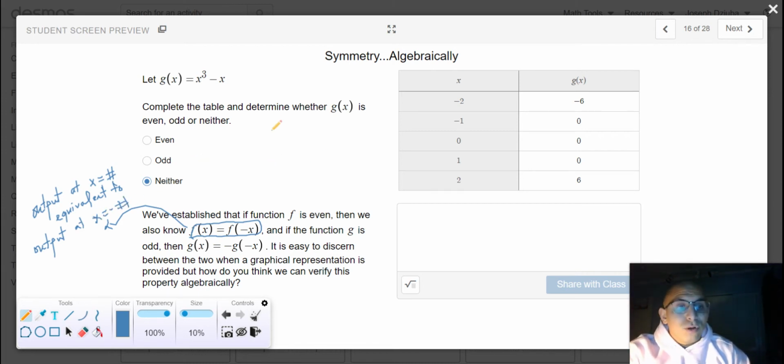So it's the opposite input. In this case, we can see that negative 2 and 2 have opposite inputs.